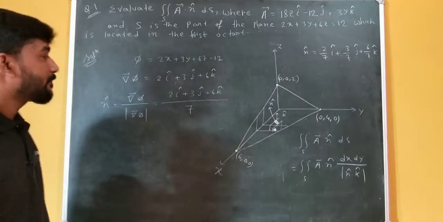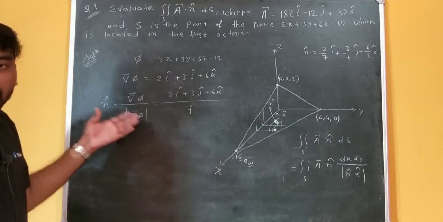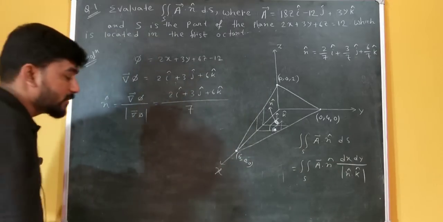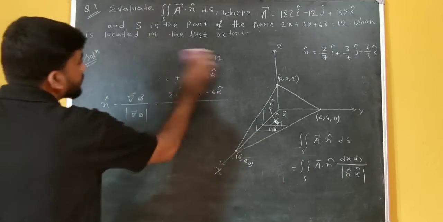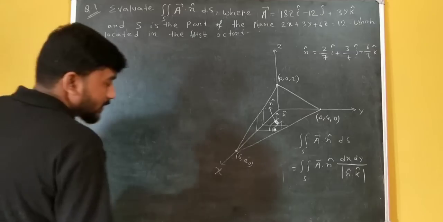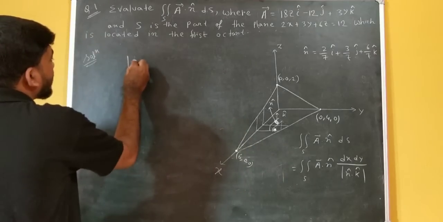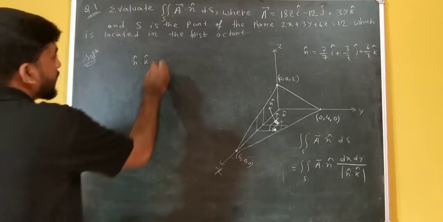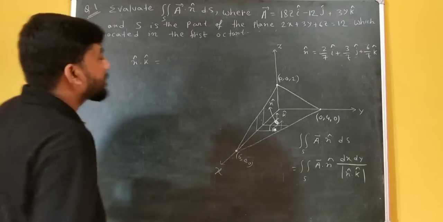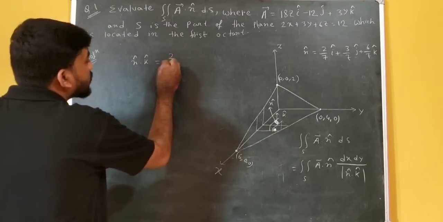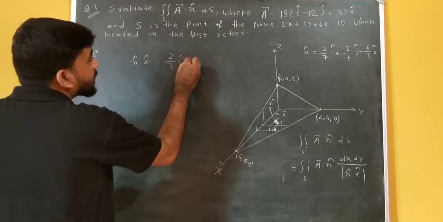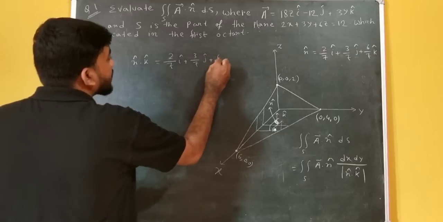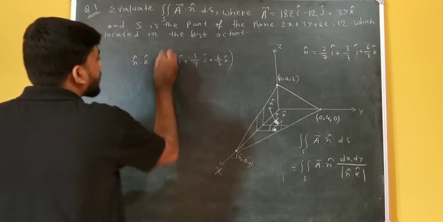These are n cap. So when you get n cap, then you can easily find out mod n dot k. So what is mod n dot k? Let me find just n dot k. N cap is 2 by 7 i cap plus 3 by 7 j cap plus 6 by 7 k cap, dot k cap.